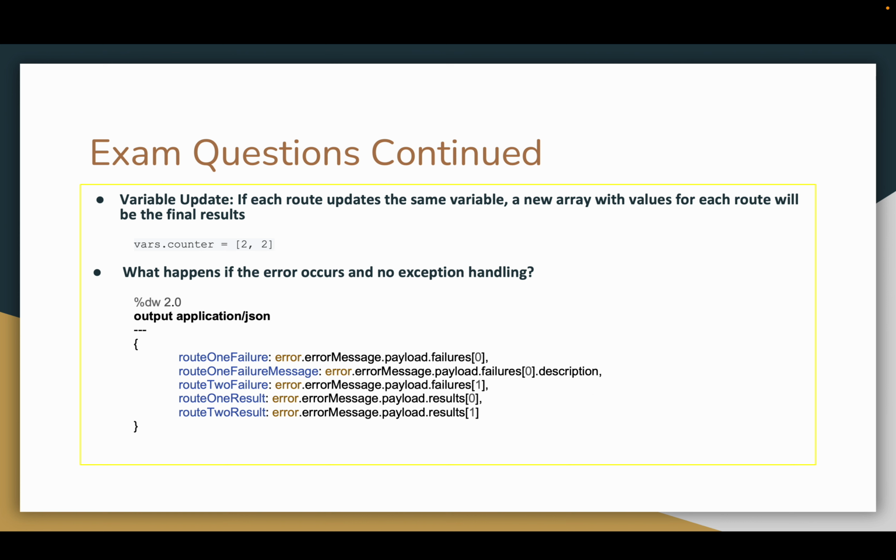Another question they will ask is how the variables behave. Let's say you have a variable which is set in the beginning, and each of the routes will modify that variable. What happens?